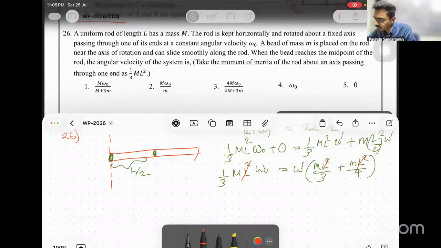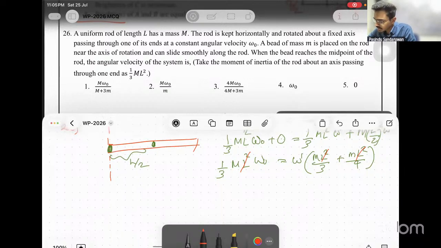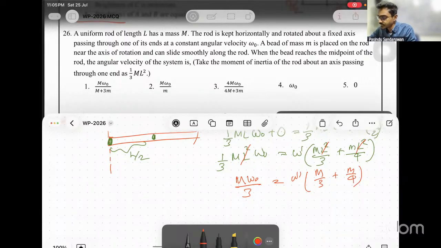That's also fine. Then let's simplify this way. Now this is M omega naught over 3, and this is omega dash times capital M over 3 plus small m over 4.